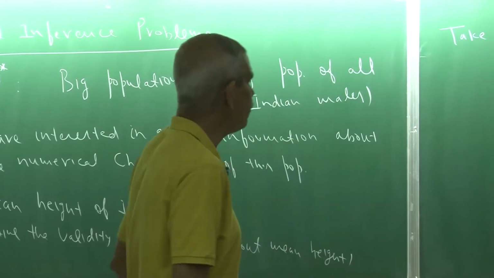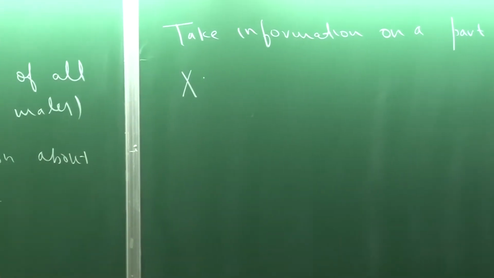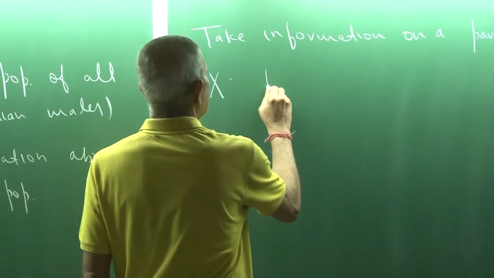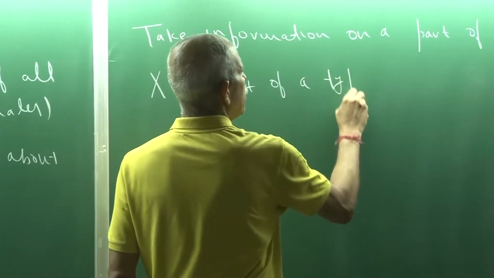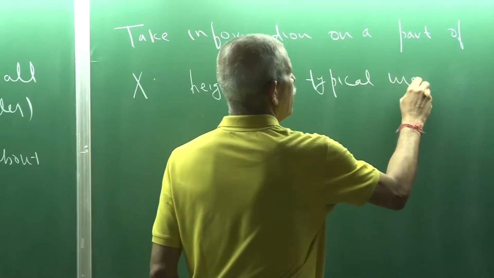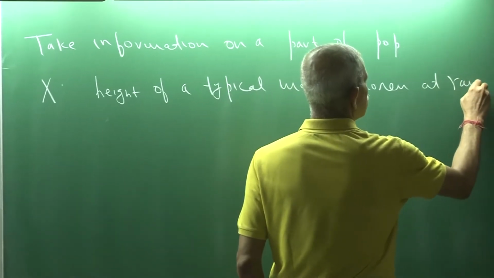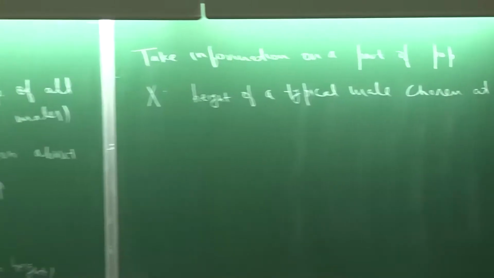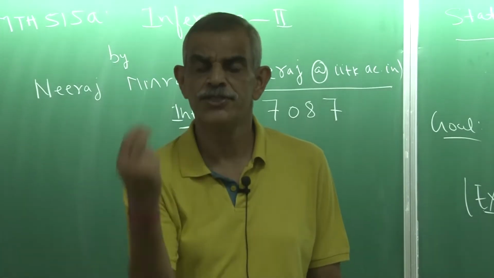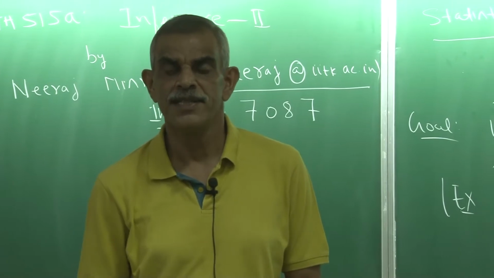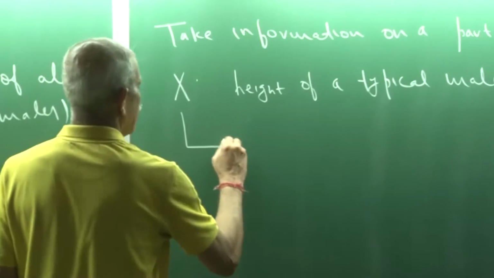So, if I denote X as the typical height of a typical male chosen at random, because if you want a true representative of the population, you should choose the individual at random and then measure his height.